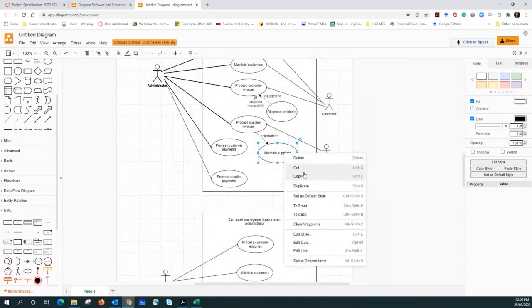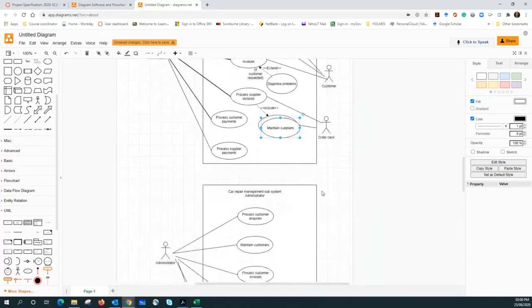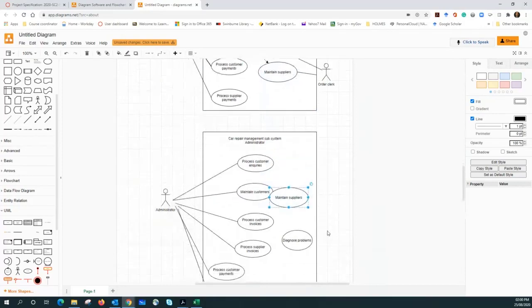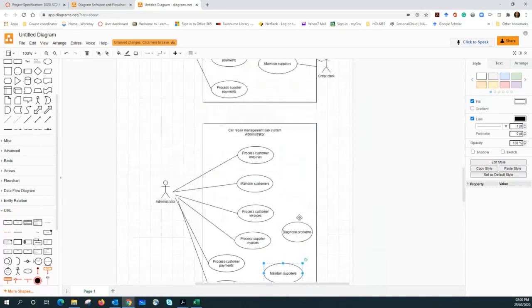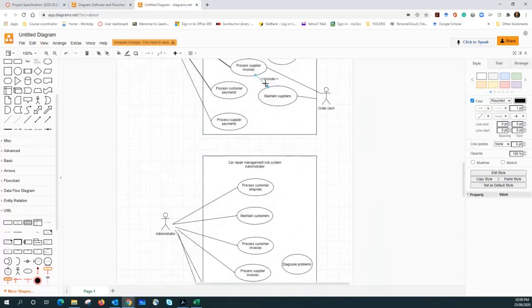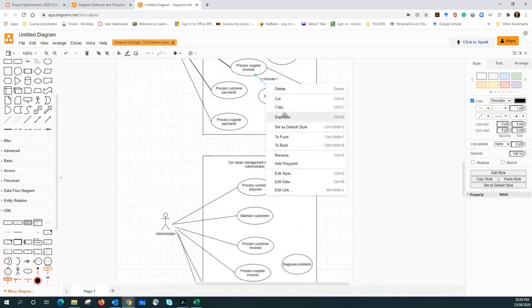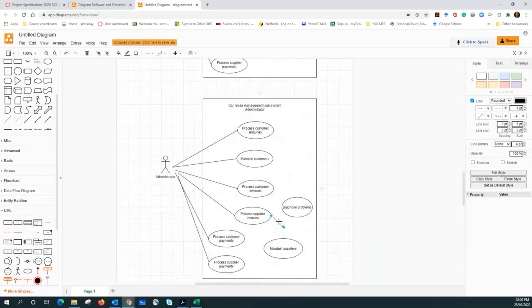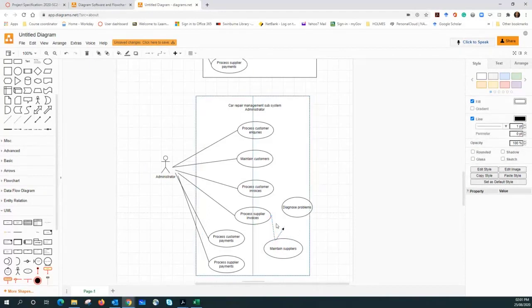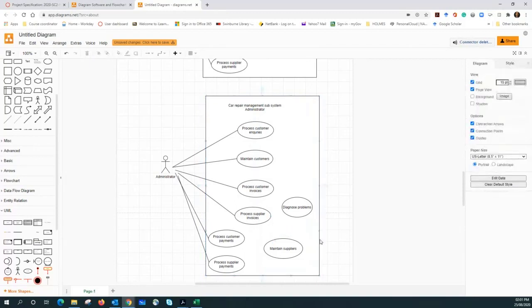And there's another one here. So include, sorry, this one is going.